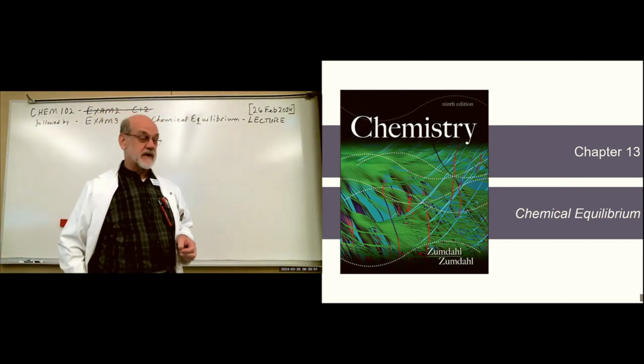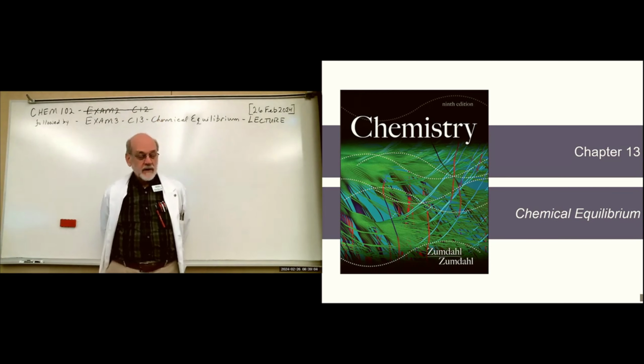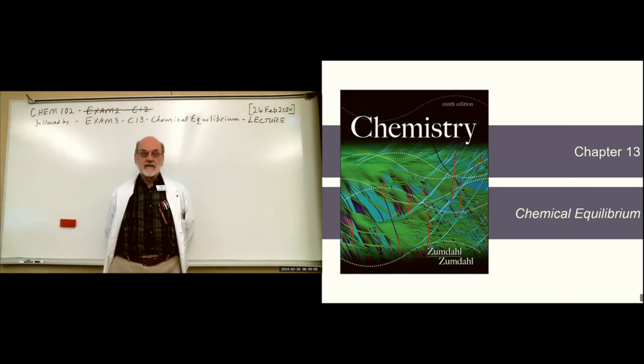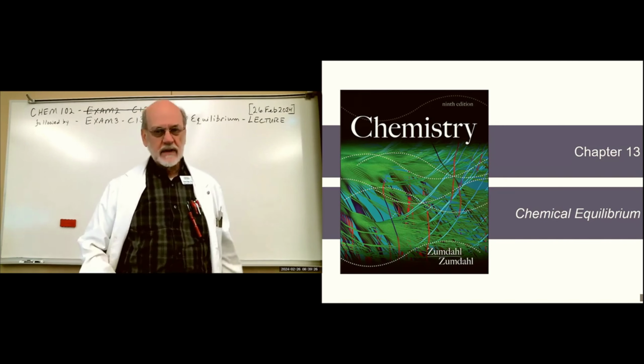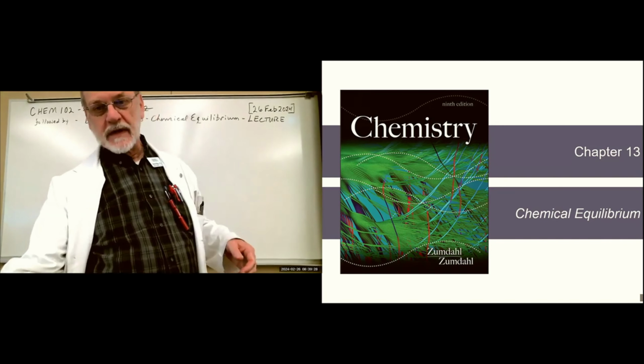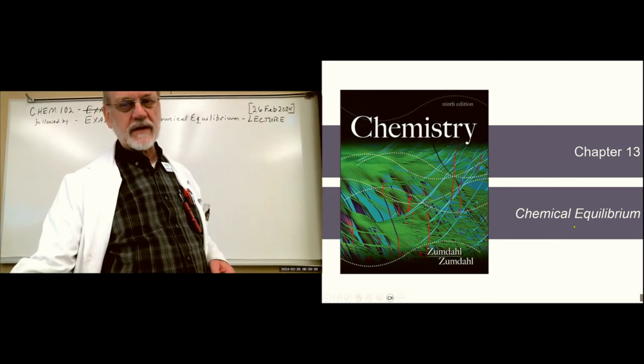Now, historically speaking, chemical equilibrium was investigated earlier than kinetics because the technologies and the understanding at that time was better for studying equilibrium than it was for kinetics. But now we find that equilibrium is understood better if we have a grasp of kinetics.